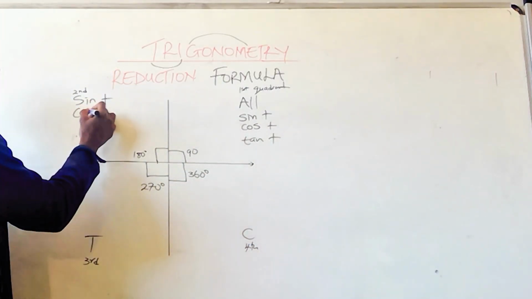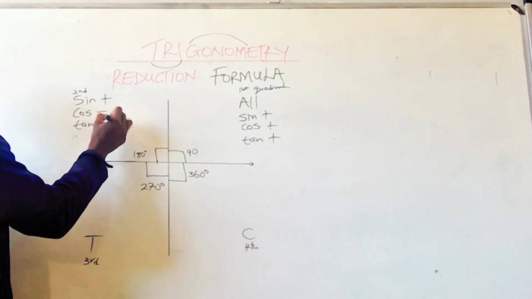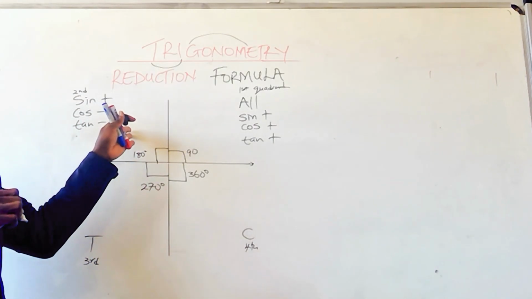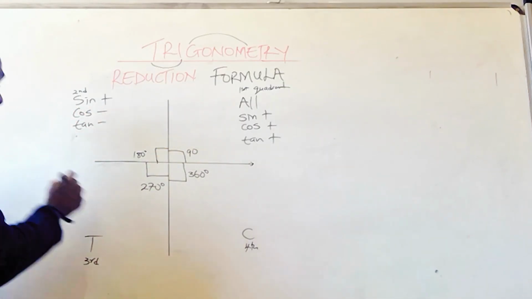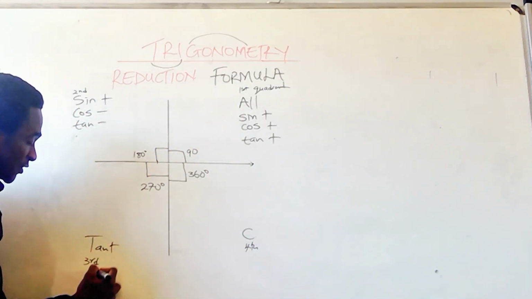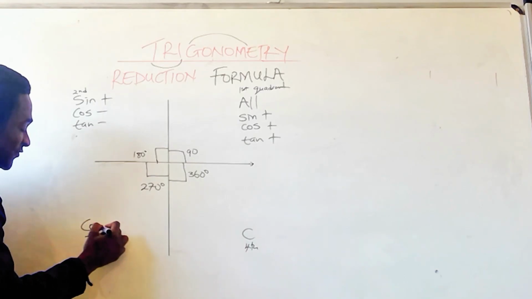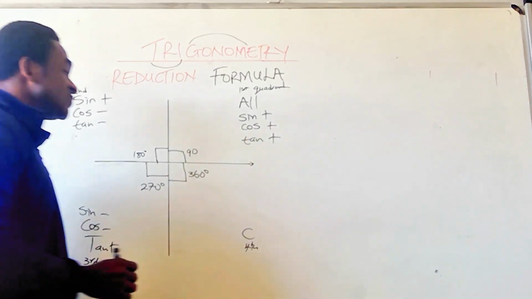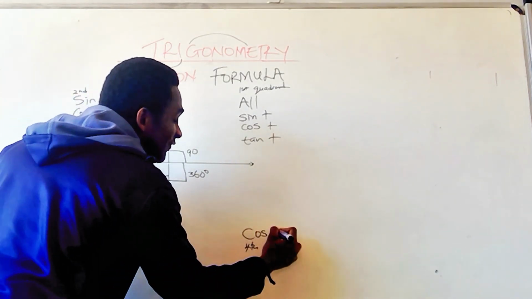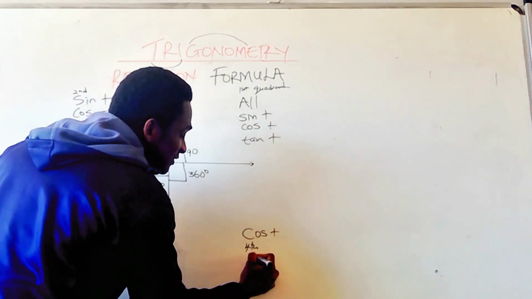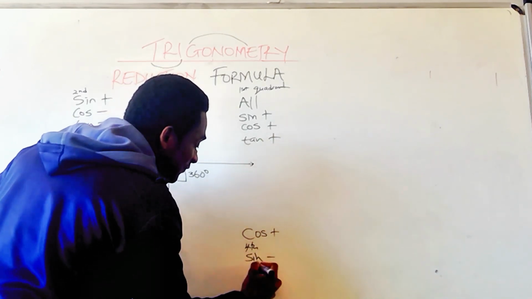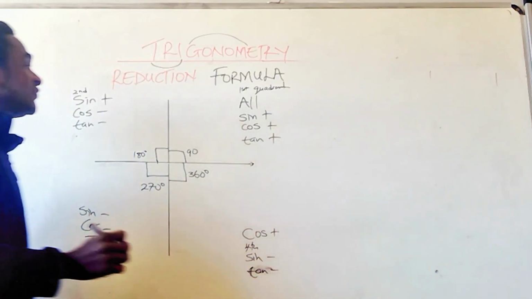Sine will be positive, others will be negative. Cos and tan will be negative, so whenever you encounter anything that is tan within this quadrant, it will be negative. Here, tan will be positive, cos will be negative, and sine will also be negative. In the last quadrant, which is the fourth quadrant, cos of any angle will be positive, sine will be negative, and tan will be negative.